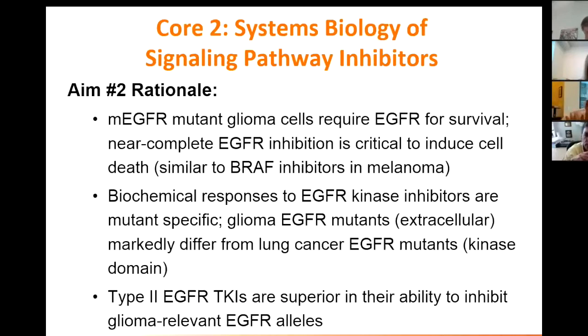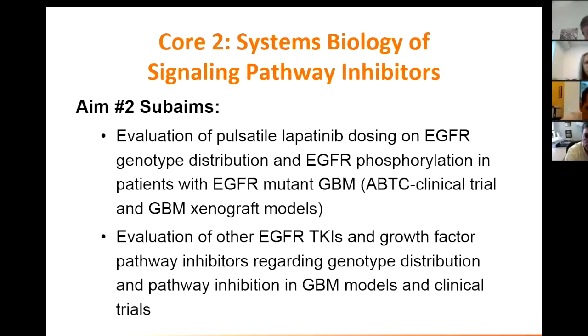And what this project is focused on is the observation that the types of mutations that you see in glioblastoma actually respond to different EGF receptor kinase inhibitors than EGFR mutations found in, say, lung cancer. That's a new insight. Specifically, we're interested in what's called type 2 EGF receptor kinase inhibitors. They bind to the receptor in a different fashion than the first generation of EGFR kinase inhibitors.